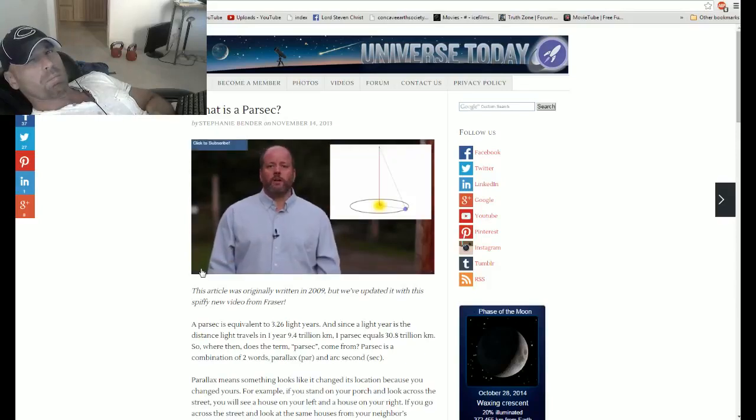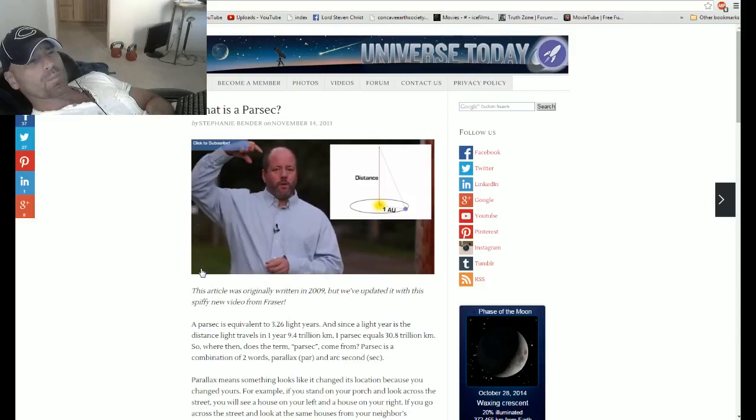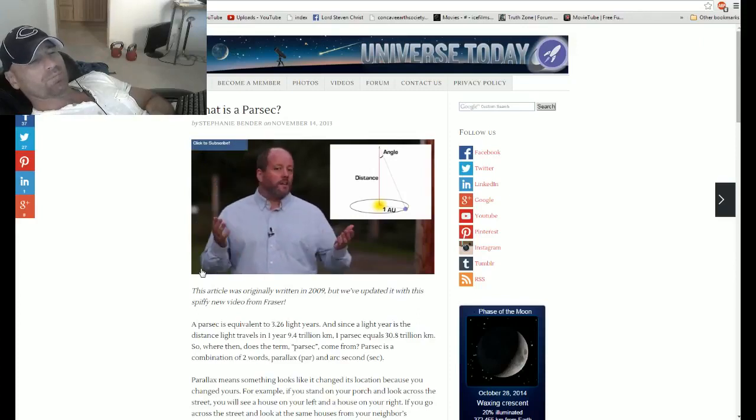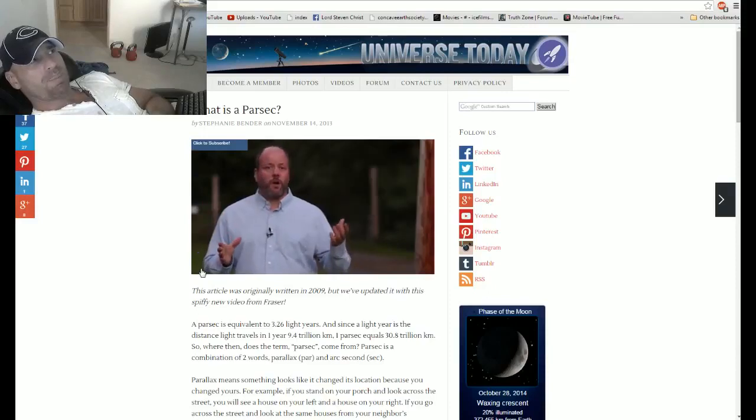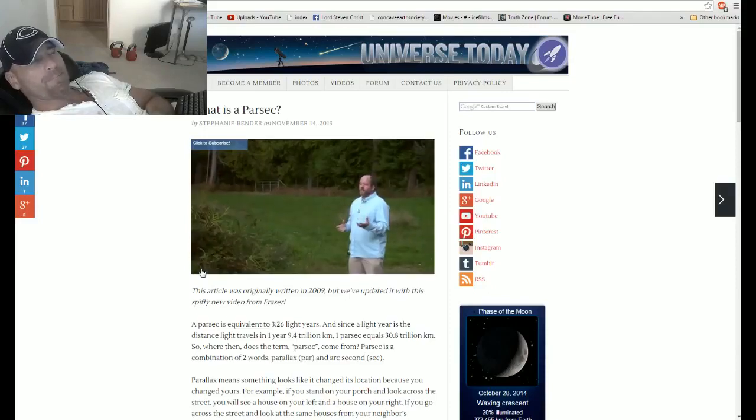Imagine a right angle triangle. The bottom of the triangle is the distance from the Earth to the Sun, also known as an astronomical unit. The side of the triangle is the distance from the Sun to the star, and then there's the angle required to make the star appear to move 1 arc second in the sky. The sky is broken up into 360 degrees. Each degree is broken up into 60 arc minutes, and there are 60 arc seconds in an arc minute.